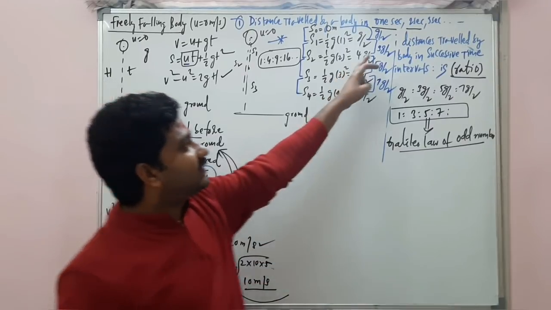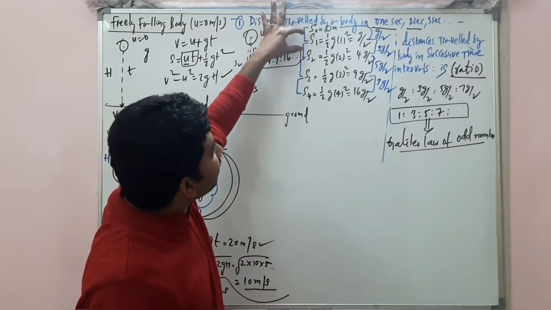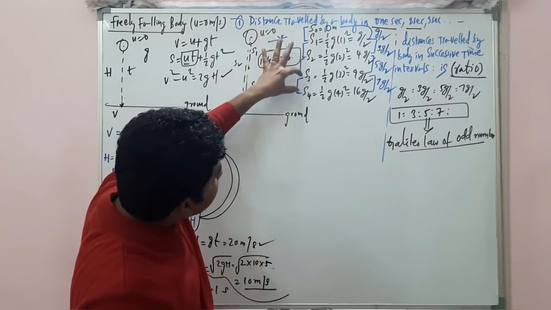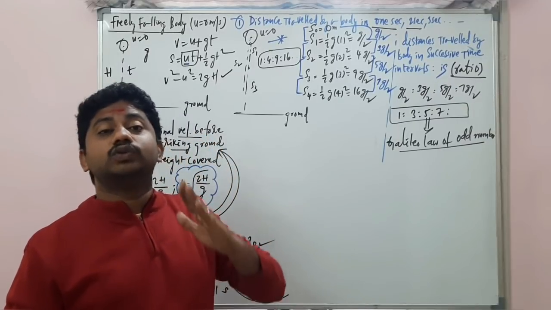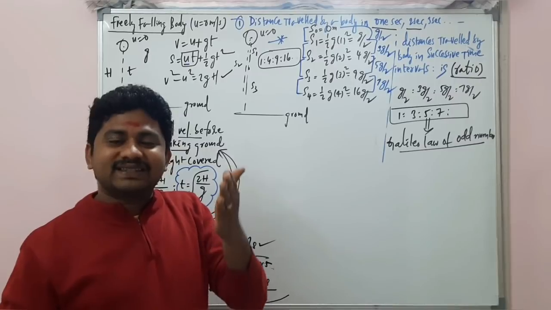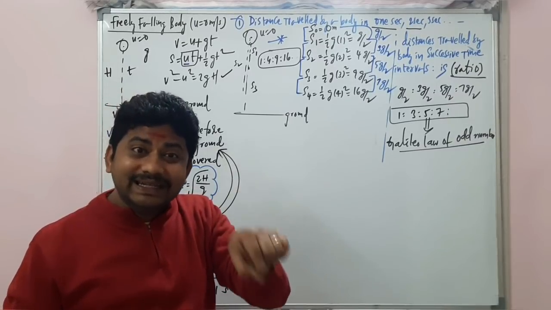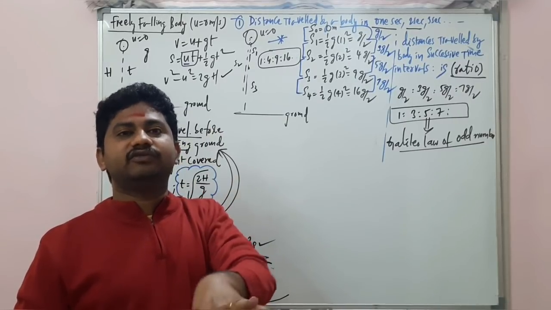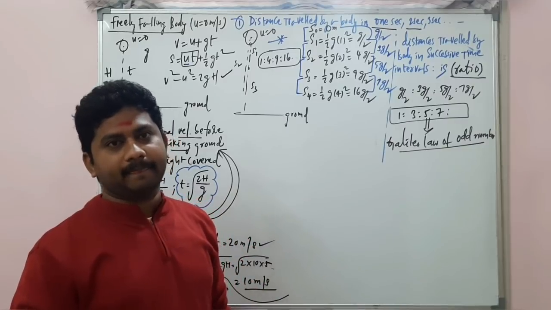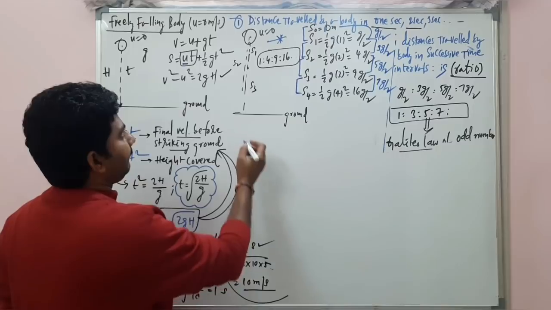That is the distance travelled by the body in successive time intervals: in this time interval, next time interval, next time interval. That's also named as the ratio of distances travelled by the body in the first second, in the second second, in the third second, in the fourth second. It goes like that. Alright. Let's see the second case.